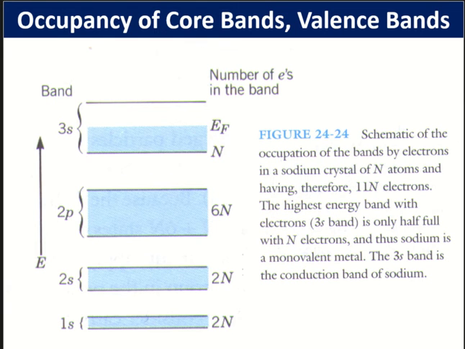So this is a diagram that illustrates the width of the bands. For 1s, you see its width is less. 2s we will make a little wider, then 2p, and then 3s. So 1s, 2s, 3s.